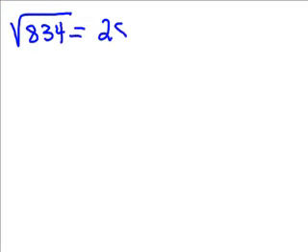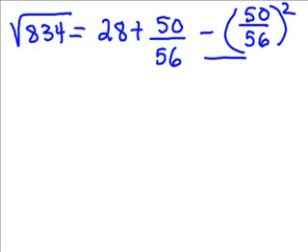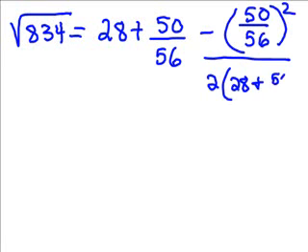So I have 28 plus 50 over 2 times 28, which is 56 right off the bat. Minus 50 over 56, that's h over 2a squared, all divided by 2 times 28 plus 50 over 56.